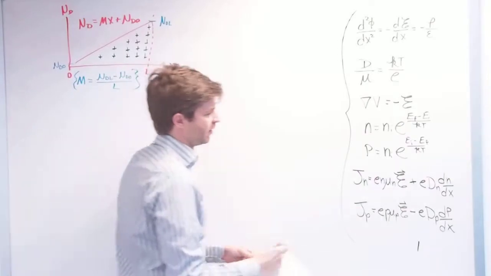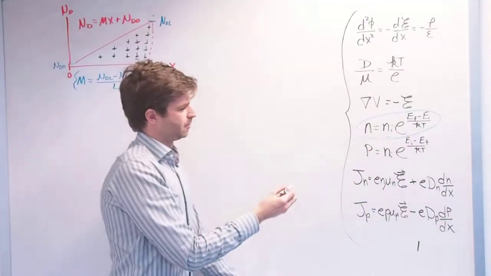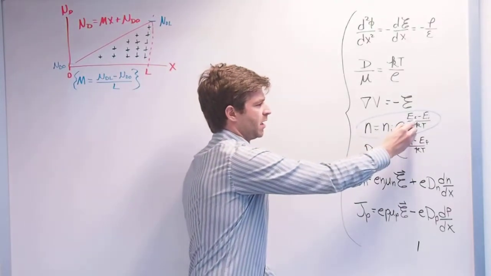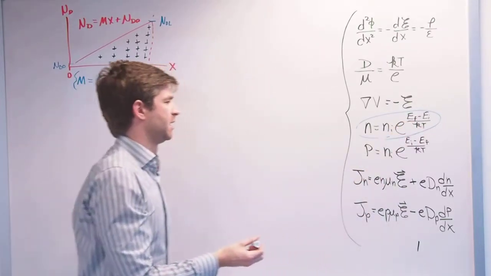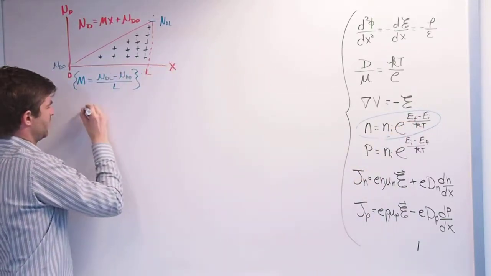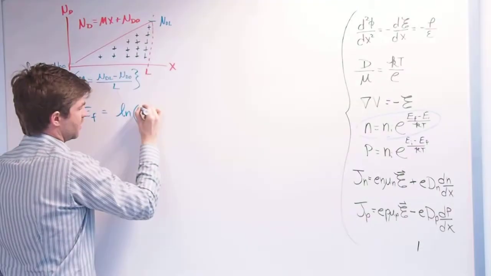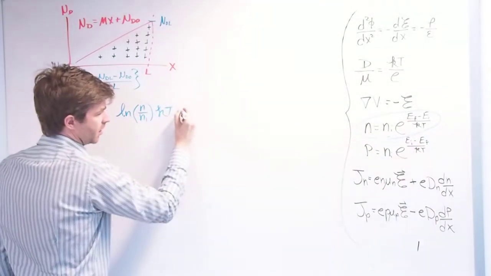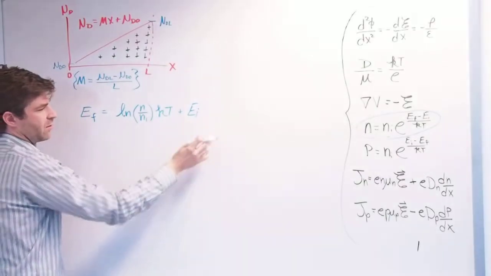So what do we know from last time? We derived this equation right here, where we see that our electron concentration n is proportional to the exponential of EF minus EI. And so we know that EF is equal to kT times the natural log of n over ni, plus EI, where EI is approximately Eg over 2.